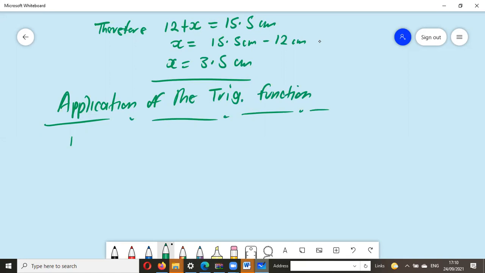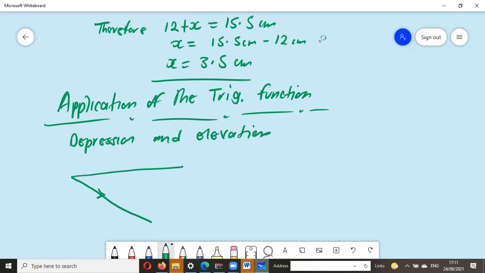So application of trig functions. We have depression and elevation. When I say depression, that means you're looking down. If this is the level of the ground, you are seeing someone who is low.